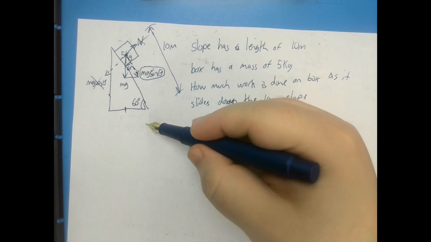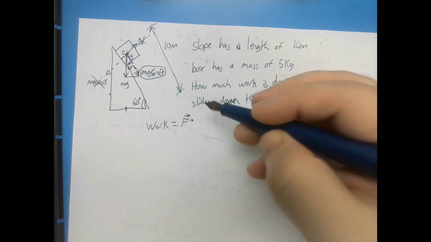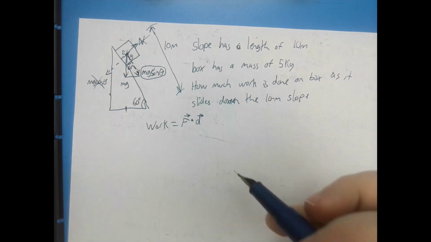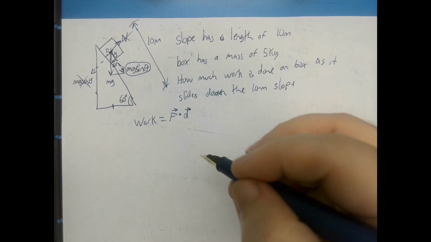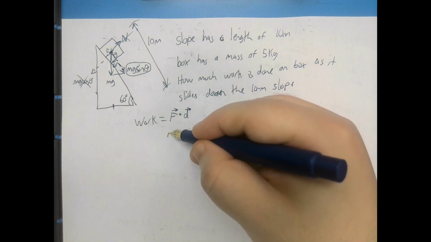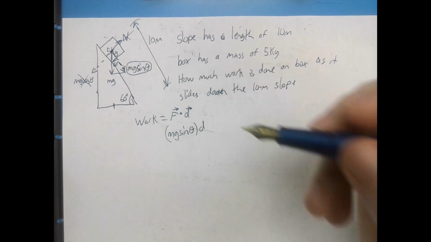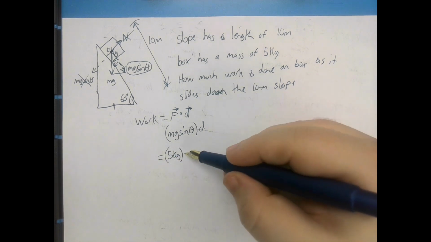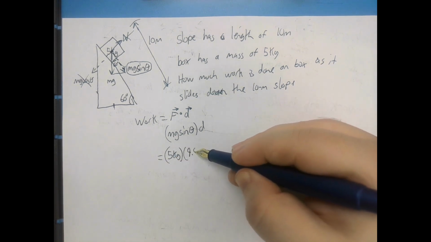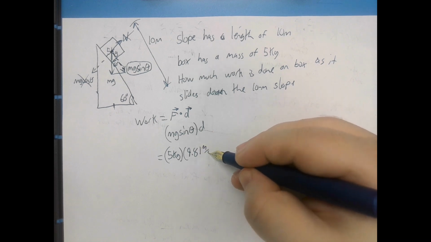And if we were to deal with the work, we're only concerned with the force that is parallel with the direction of motion, and the box is just going to slide down the slope. So our force is going to be mg sine of theta times the displacement. The mass is 5 kilograms. G is 9.8. I think on the homework I used 9.81 meters per second squared.